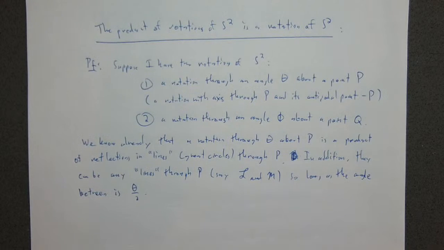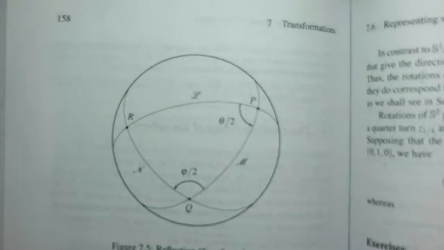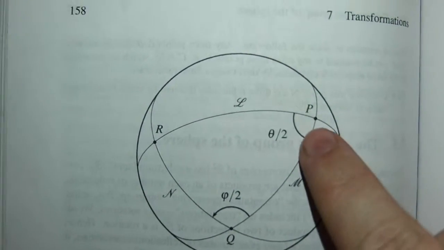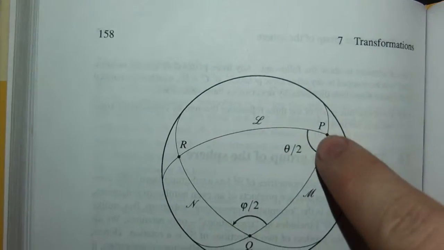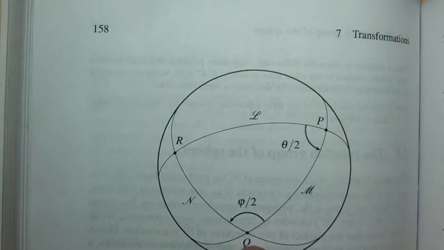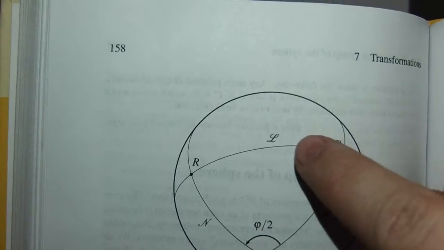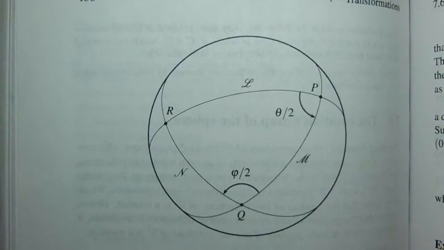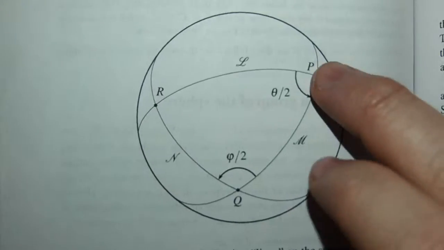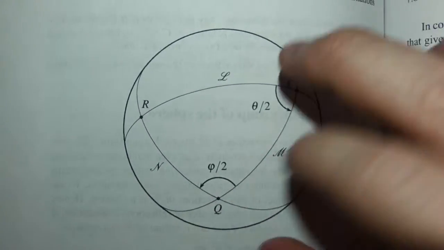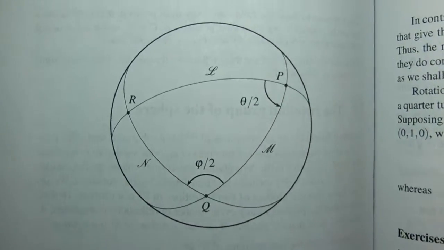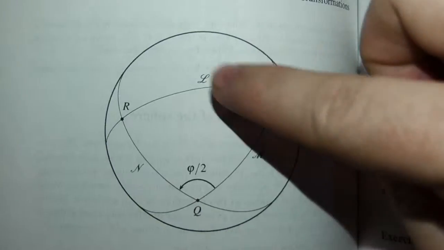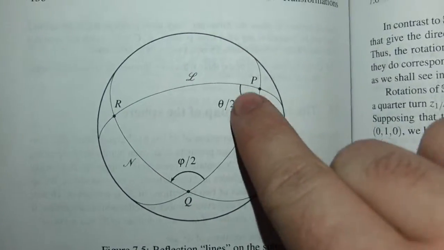Why is this important? If I give you a preview of what the picture looks like, if I'm considering a rotation about a point P through some angle, I want to be able to link this rotation at P and the rotation that's occurring at Q. The way I'm going to link them is to choose L and M in such a way that M is the great circle connecting P and Q. Without noticing that, I might get stuck, because it seems like these rotations are happening independently and I have no way of connecting them. But viewing this rotation as a product of reflections, it doesn't matter which L and M I pick, so long as the angle between L and M is theta over 2.